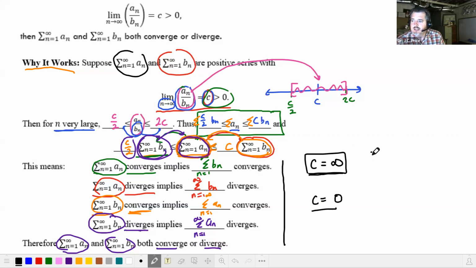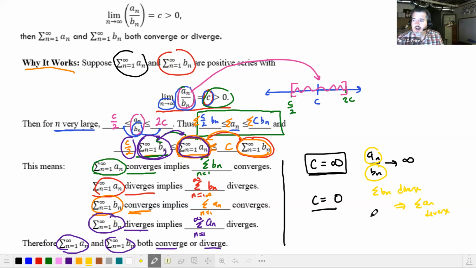That means a sub n over b sub n is going to infinity. So basically, the a sub n's are really, really big compared to the b sub n's. So if you know the sum of the b sub n's diverges, it's going to imply the sum of those a sub n's also diverges. So there are some little subcases here you can show for c when c is not actually a number, if it winds up being infinity.